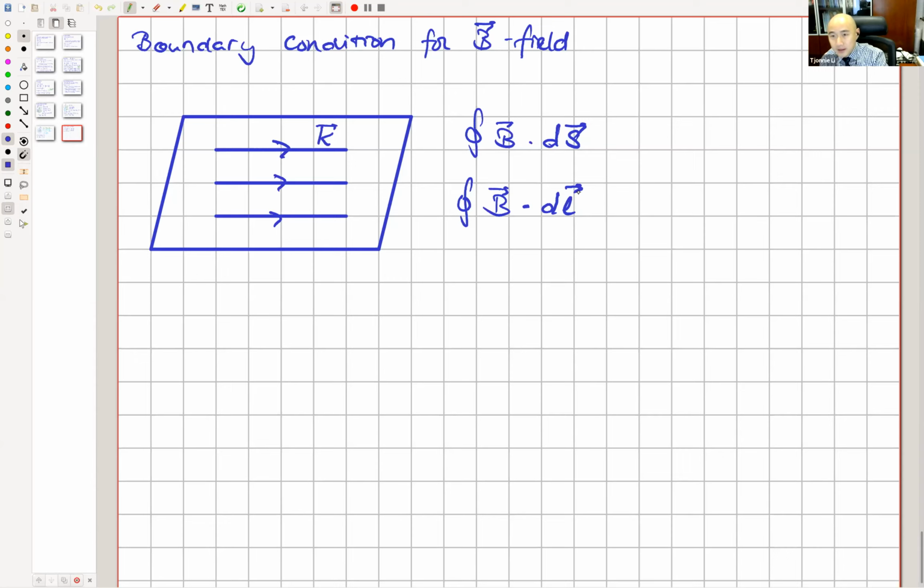Okay, back. Who can tell me the boundary conditions for the magnetic fields?